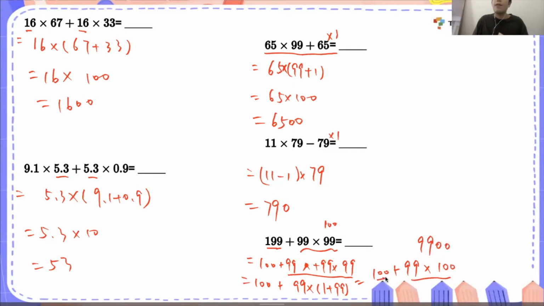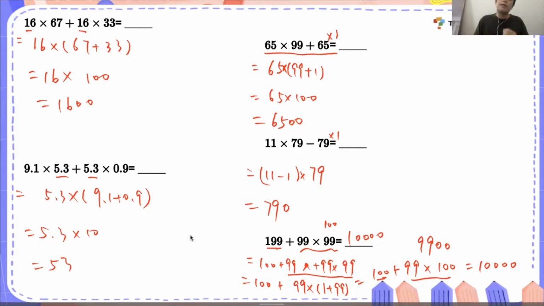And we add this 100, we will have 10,000. Okay? So that is 10,000. So for this question, we should get a 99 from 199. Okay, so that is the basic multiplication skills when we do some operations.